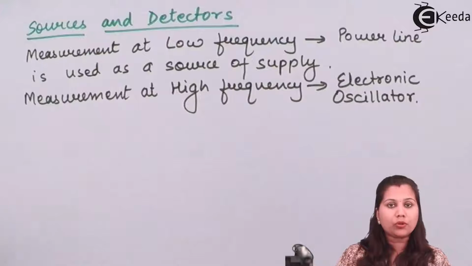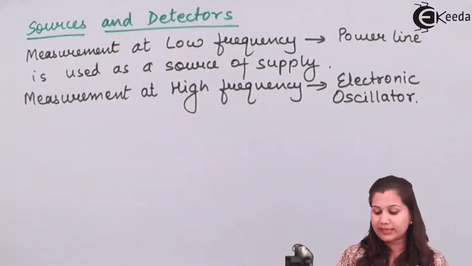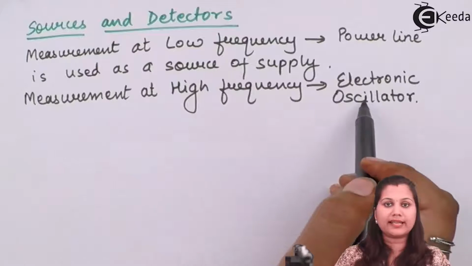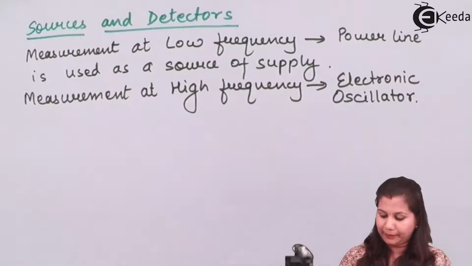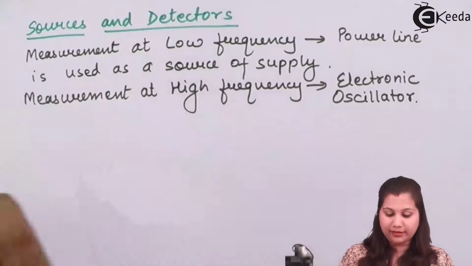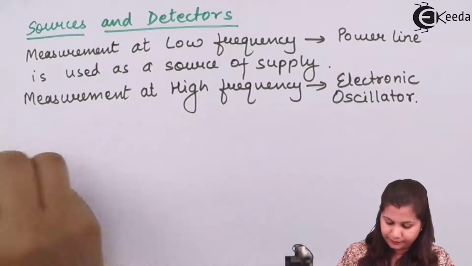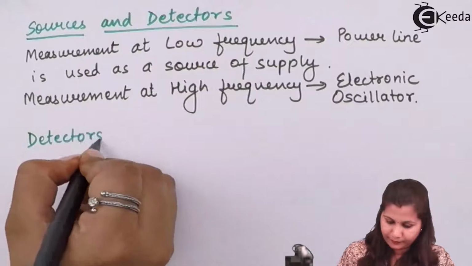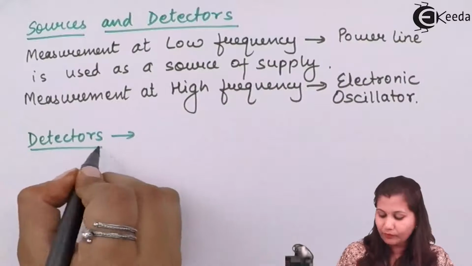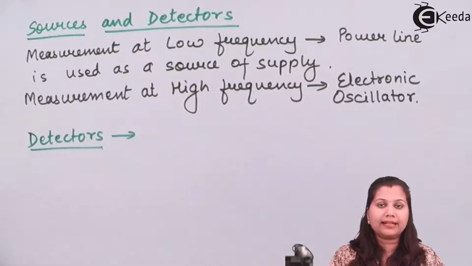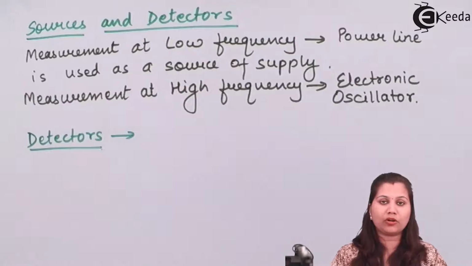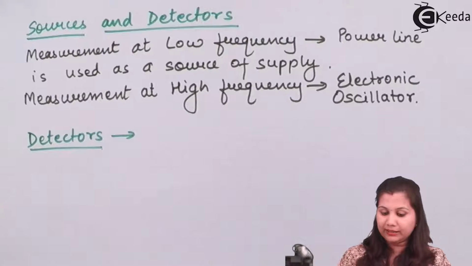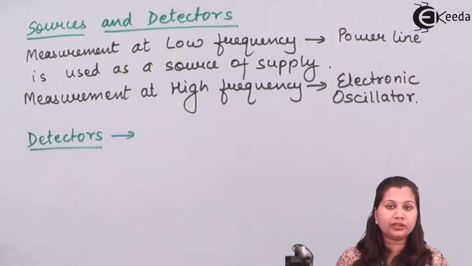So if we talk about the sources of the AC bridge networks, the power line can be used and electronic oscillators can also be used as the source of supply. Now, if we talk about the detectors, if we are working at a single constant frequency, it is more suitable to use a tuned detector.